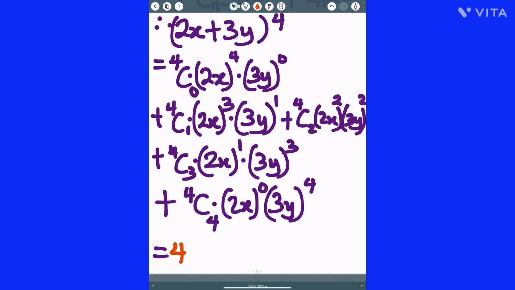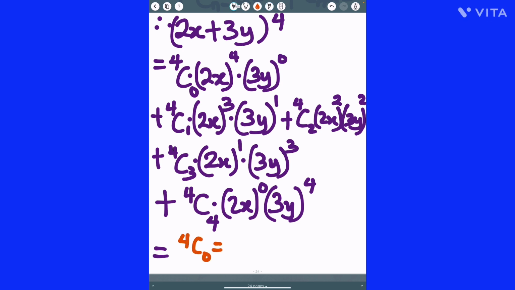No, did I do that well? Okay, I'm not supposed to do 4 combination 1. The coefficient in my first term is 4 combination 0.